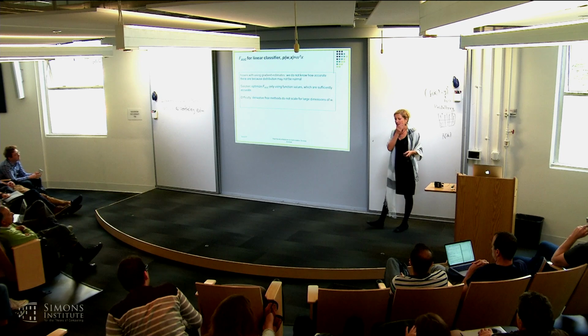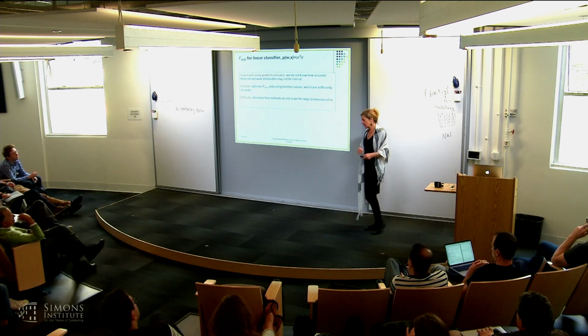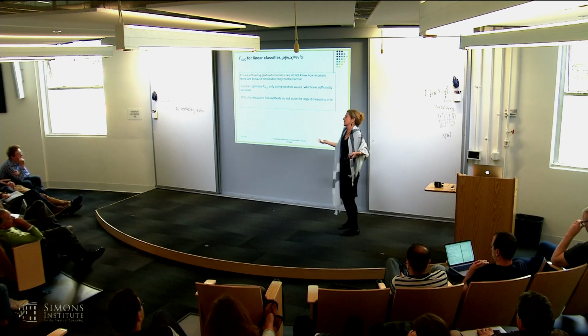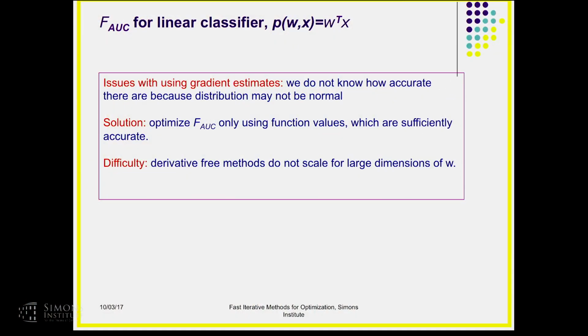Anyway, okay. So now next, this works sometimes, it doesn't work sometimes. Great. Maybe we can improve it. Maybe we cannot. What should we do in general? Should we use the gradient estimates? Yeah, maybe. But on the other hand, these gradient estimates that I was suggesting assume that the distribution is normal.